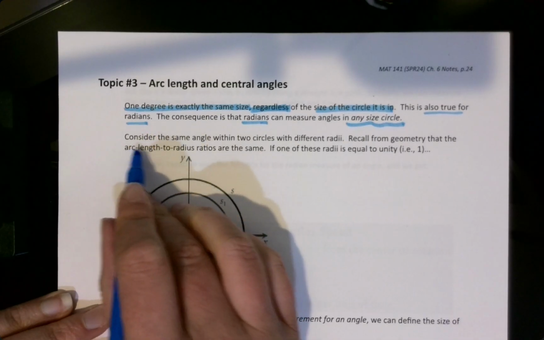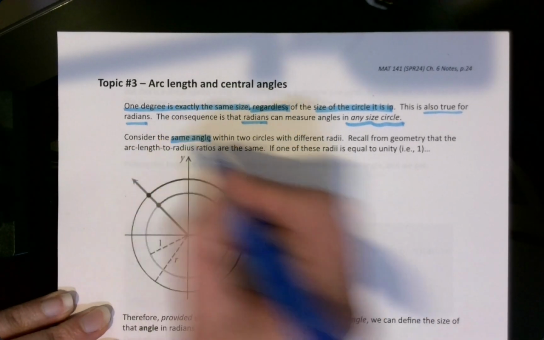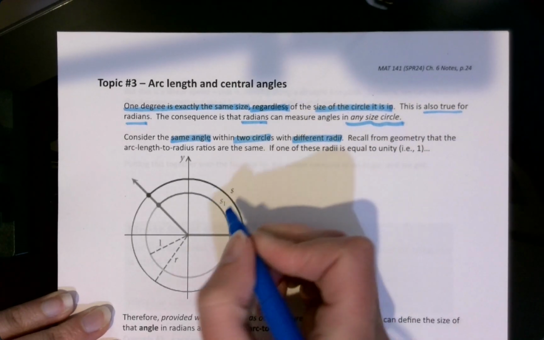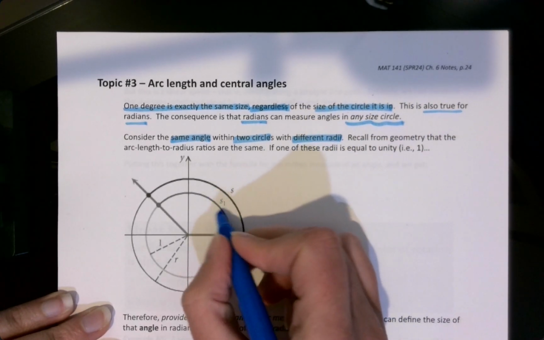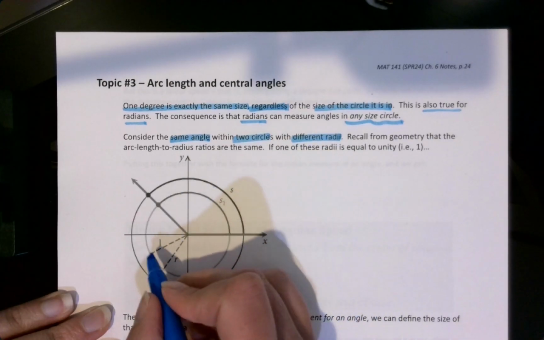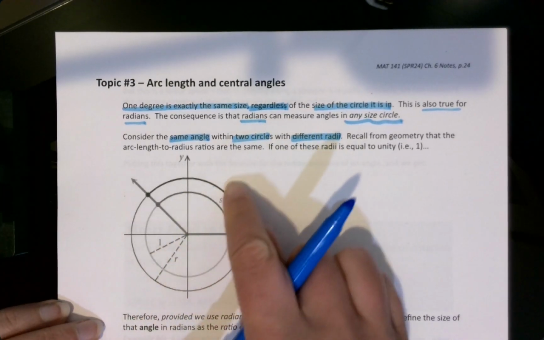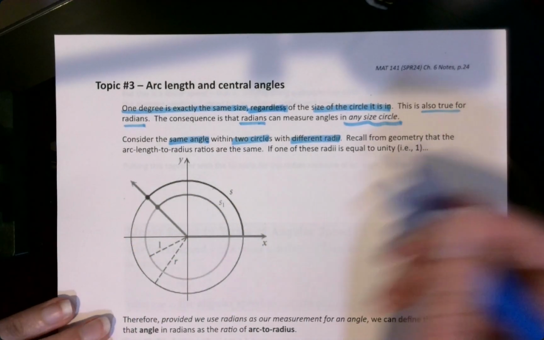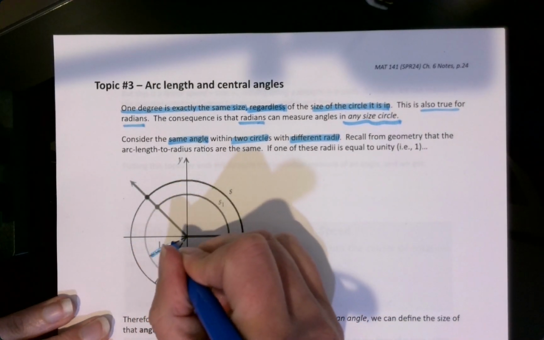So we are going to look at the same angle in two circles with different radii. These radii are called S and S1 right here, or the S and S1 are the arc lengths. I'm just reading this a little bit better here. These two radii here are 1.